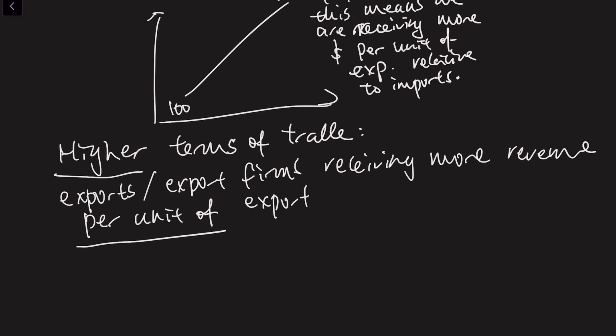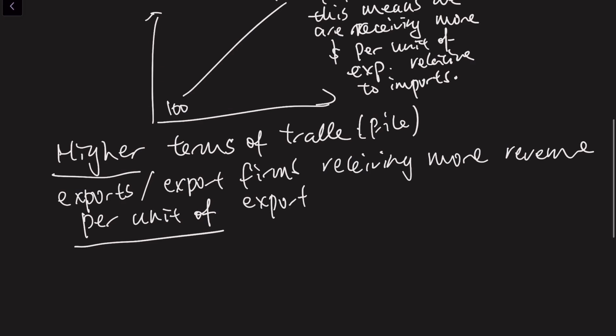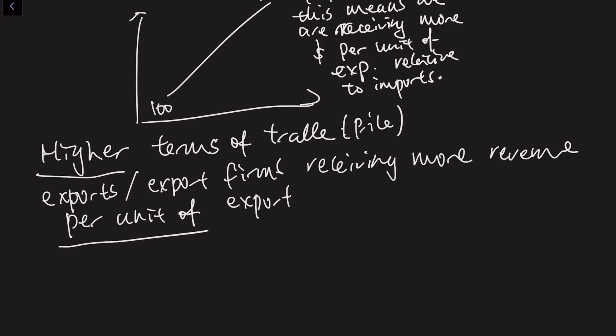So this is really important. It's per unit of export, because terms of trade is like a price. We do not talk about the overall revenue or the overall volume of export. We are talking about the price per unit or revenue per unit of export.